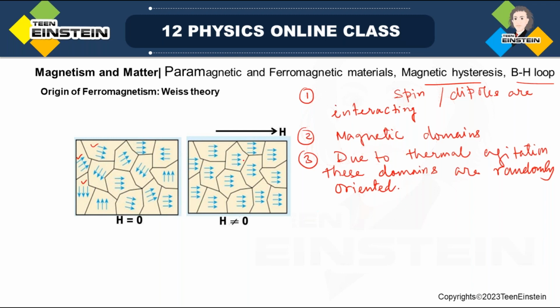That means the domain which has net magnetization in the direction of the applied field will grow up, like this one will grow to the whole bulk of the material, and then you will get a single domain ultimately.